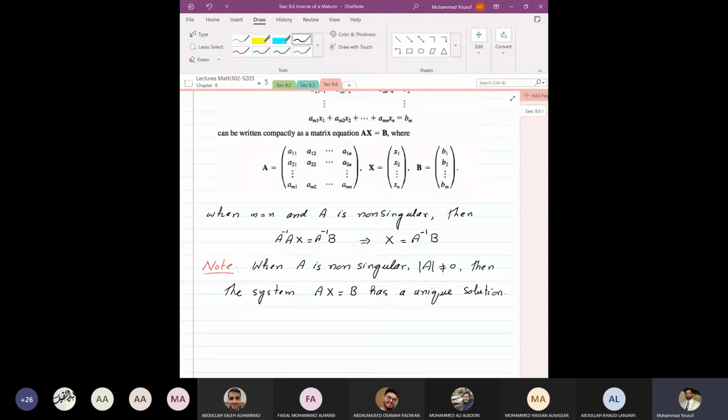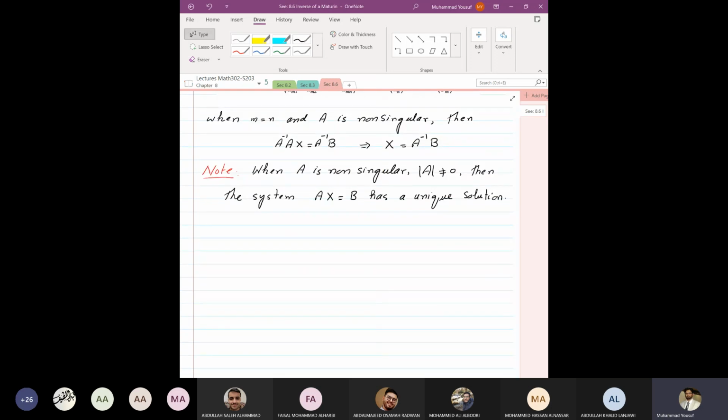Now, for a homogeneous system, I mentioned this sometime before, in class or to some student, that if we have a homogeneous system and A is non-singular, then the only solution is the trivial solution.